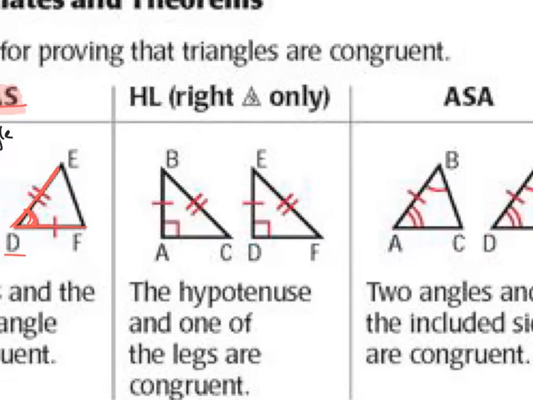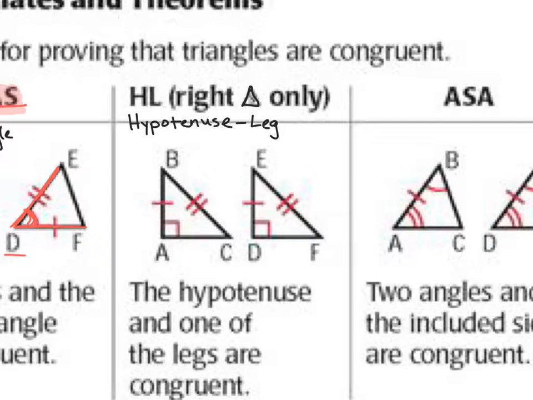This one, HL, as we'll call it, only works for right triangles only. Okay? Right triangles only. And this stands for hypotenuse, leg. And just like all the other ones, they're pretty self-explanatory.